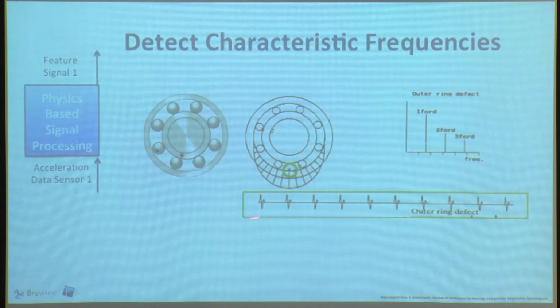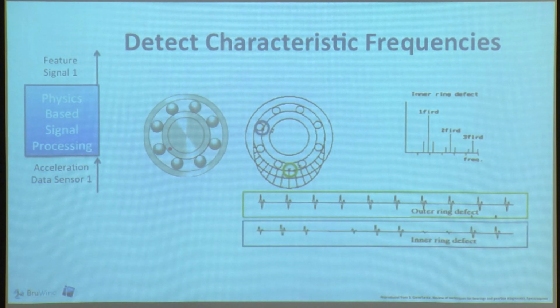That's what you see here: impact, impact, impact, and the amplitude is always the same. This will give you a very distinct frequency signature. By looking at the frequency signature of the accelerometer, you can say it's that bearing, the outer ring, where there is an issue, by the height of the peak and by the frequency of the peak.